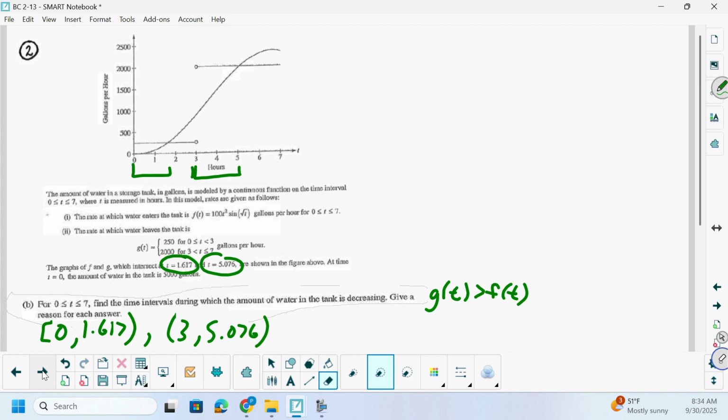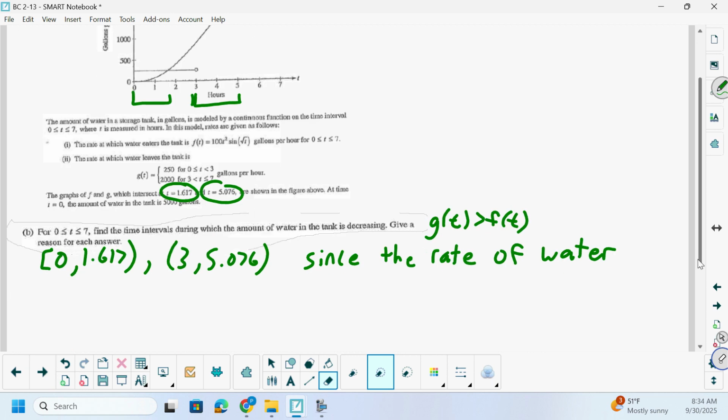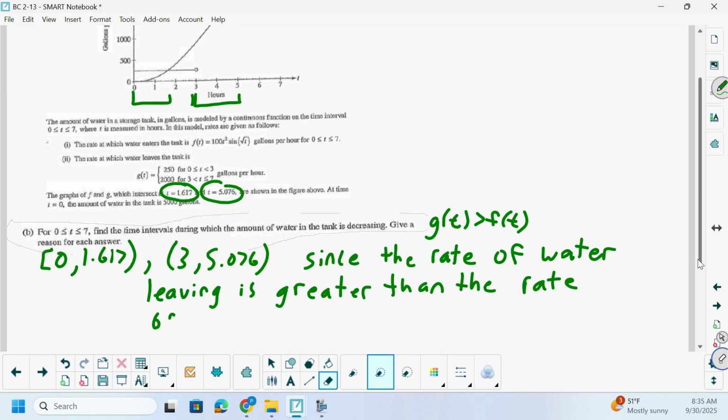We need to give a reason, and our reason would be since the rate of water leaving is greater than the rate of water entering.